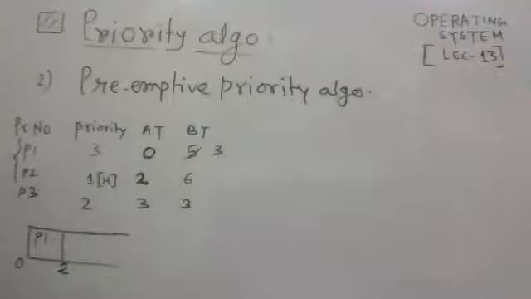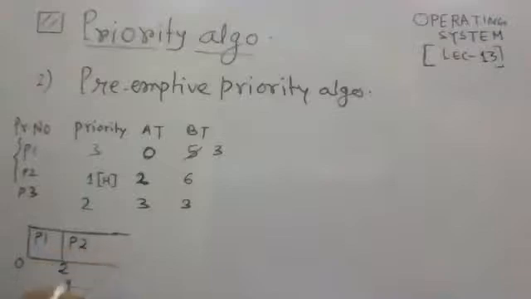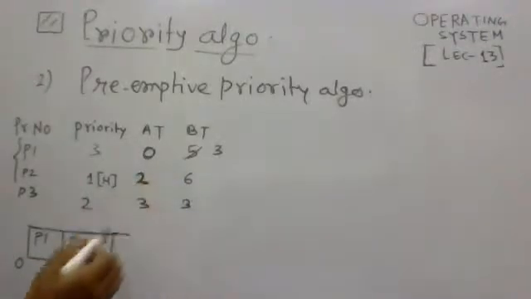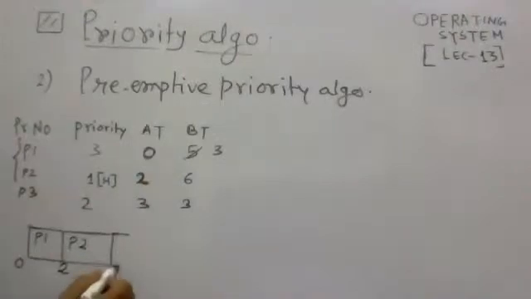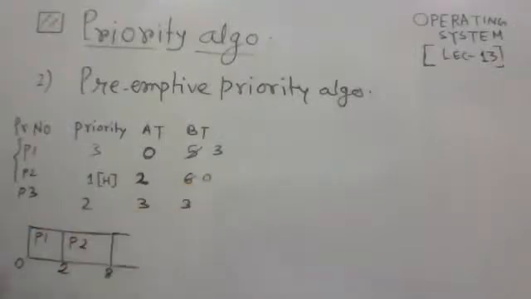So we select P2 for execution for 6 time units. So it will be 6 plus 2, that is 8, and at the same time P2 is completed.